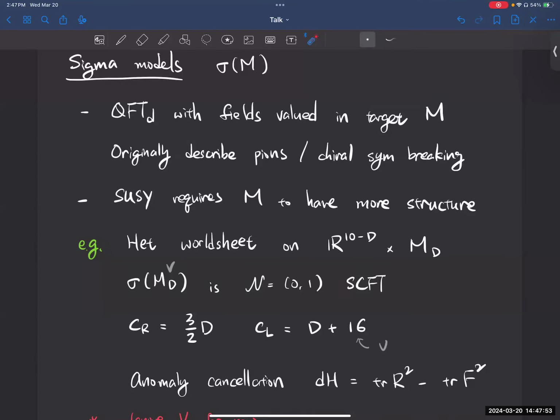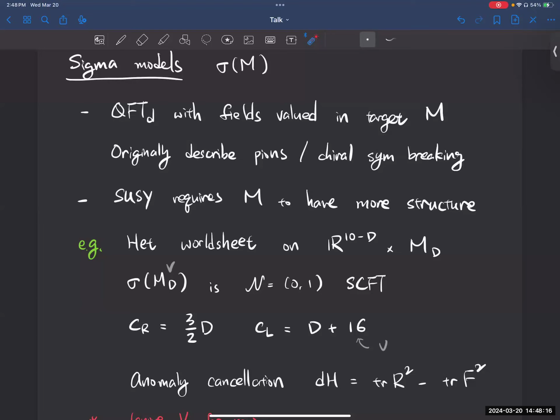So just saying that I have a supersymmetric sigma model on some space M is often not a precise enough statement, because sometimes the consistent quantum theory doesn't even exist. There are some bad anomalies that render the path integral inconsistent.